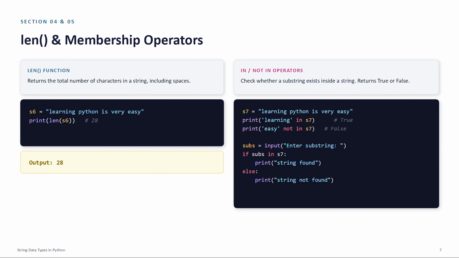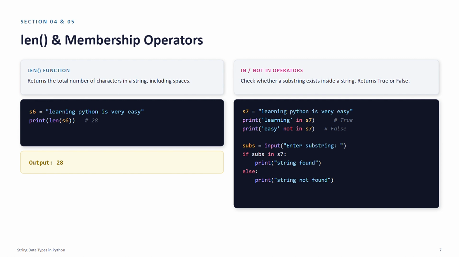If you observe it carefully, learning is present in S7, so the output is True. Easy is also present in S7, but we are using the not in operator, which means the statement is False. Now let's make it interactive: in the sub variable I am taking input from the user, and we check whether that value is available in the S7 variable or not.